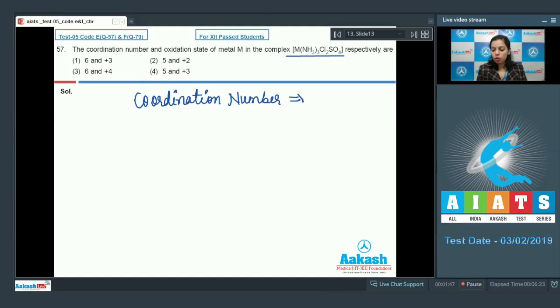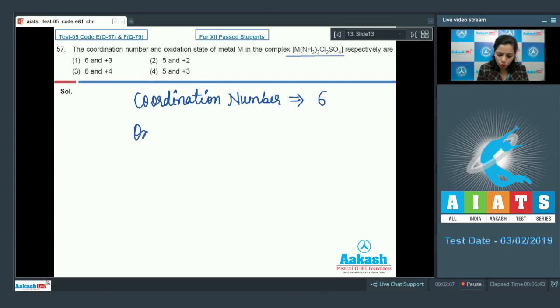It means we have to check the ligands present here. In this complex, 3 ammonia ligands are present, 2 chlorine ligands are there, and sulfate ion is present as the ligand here. It means the total number of ligands is 6. And that's why the coordination number is also 6.